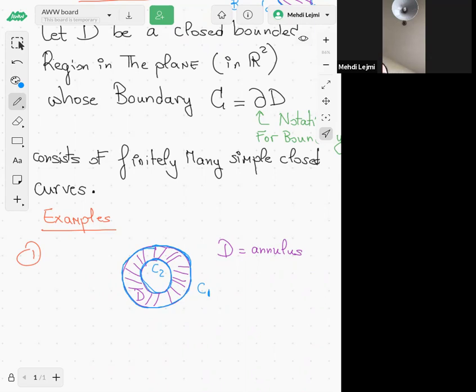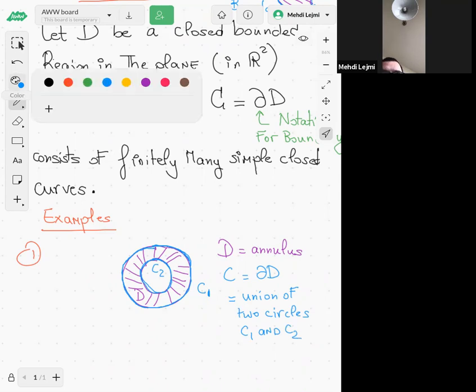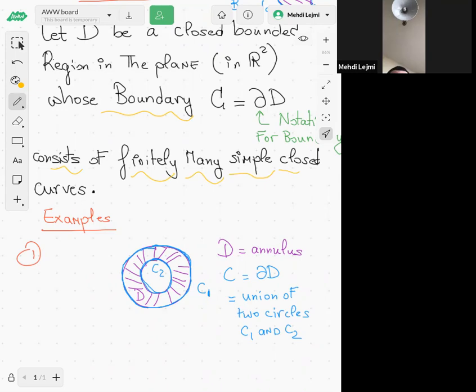So C, which is the boundary of the region D, is the union of two circles, C1 and C2. That's why I'm saying the boundary consists of finitely many simple closed curves. In this case, the boundary consists of two simple closed curves.